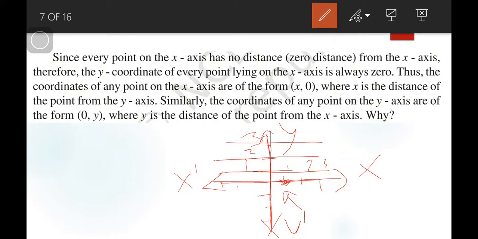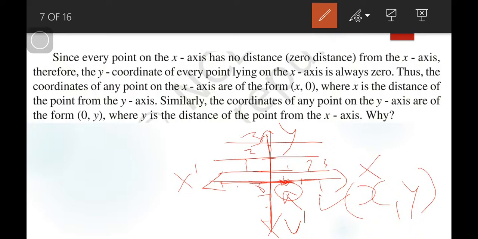So if we take the pair of coordinates x comma y, the coordinates of the given point.